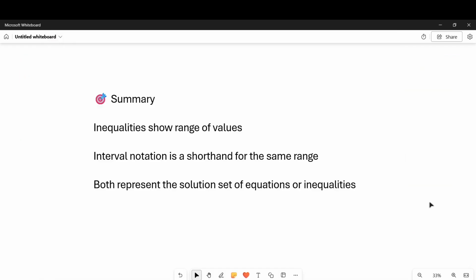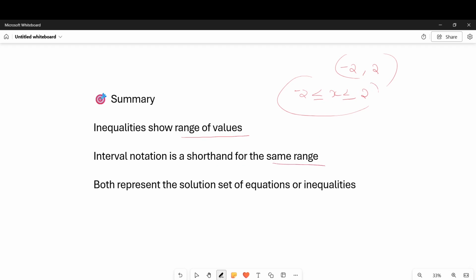Okay, let's summarize. See, inequalities show a range of values. For example, see, -2 less than or equal to x less than or equal to 2. This is a range of values. See, the values between -2 and 2. Any values between -2 and 2. So that's why we say inequality shows a range of values. Interval notation is a shorthand for the same range.